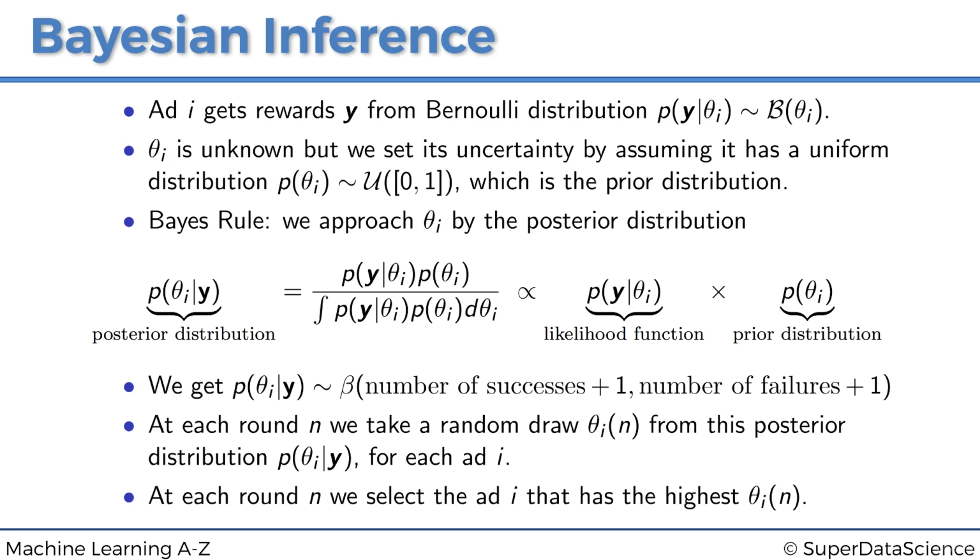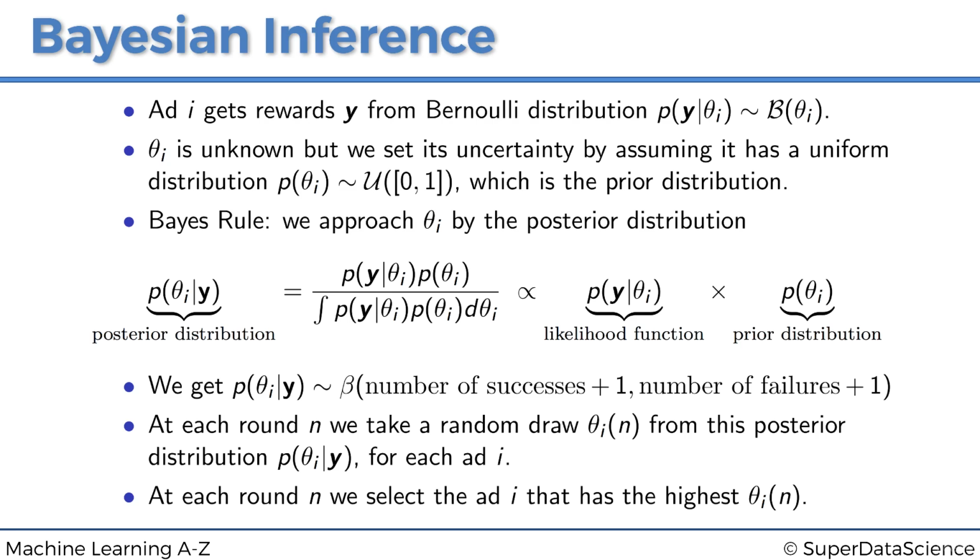And you can picture this probability of success by showing the ad to a huge amount of users, like 1 million users, and theta_i could be interpreted as the number of times the ad got reward 1, that is the number of successes, divided by the total number of times we selected the ad, that is 1 million. So basically theta_i is the probability of getting reward 1 when we select the ad. And so the assumption is that each ad i gets rewards 0 and 1 from this Bernoulli distribution of parameter theta_i, which is the probability of success.